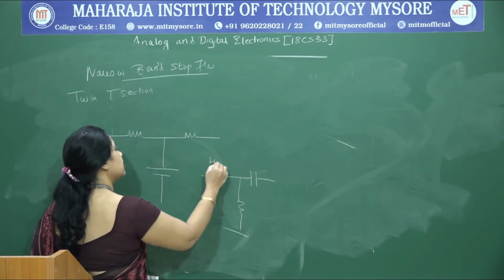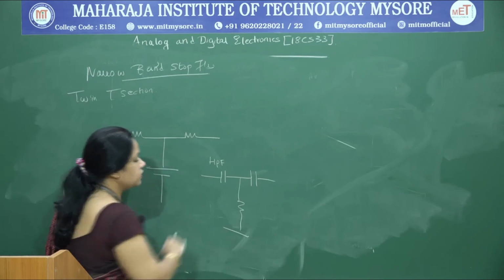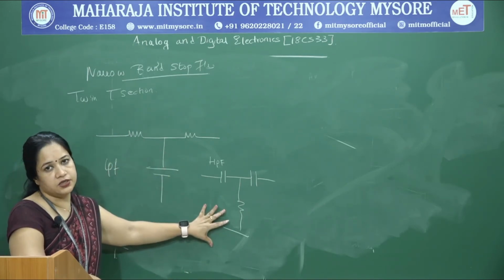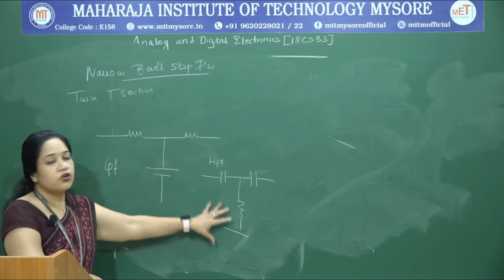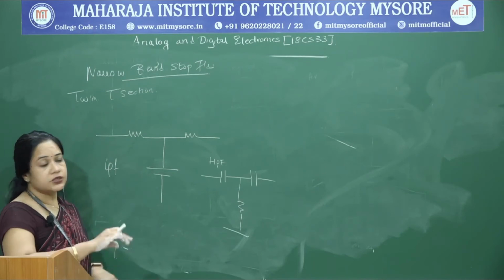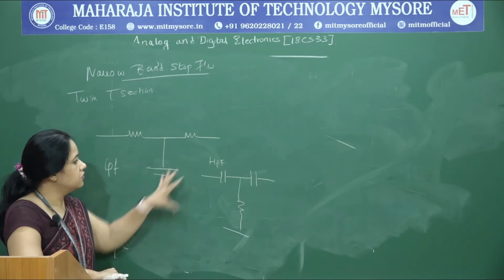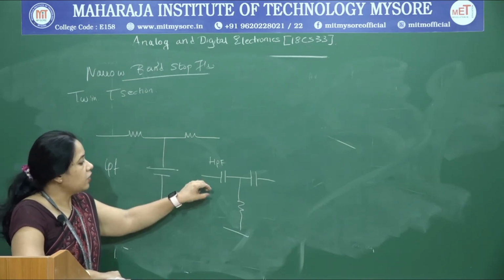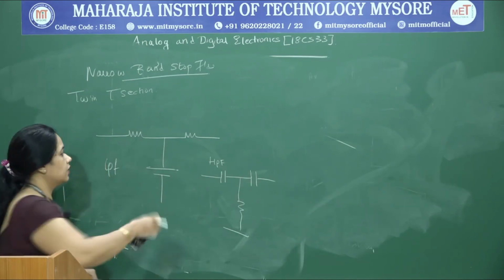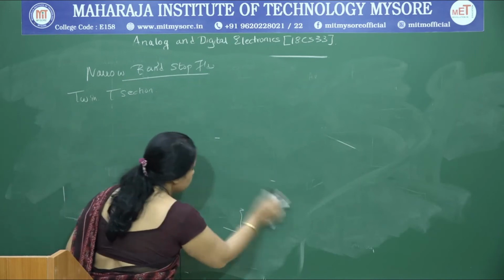This forms a high pass filter section. We bring this together, we sum up the high pass filter and low pass filter sections comprising two T RC sections to realize a band stop filter, and the combined output is given to an operational amplifier for further amplification if required.